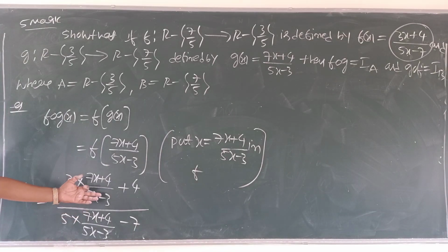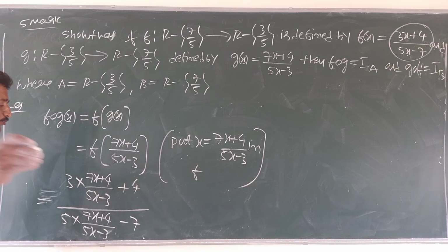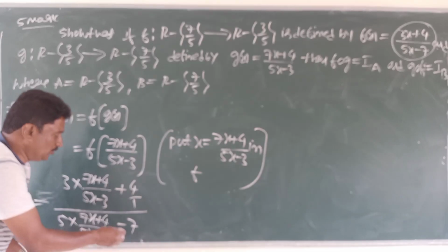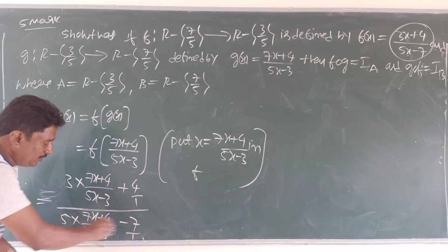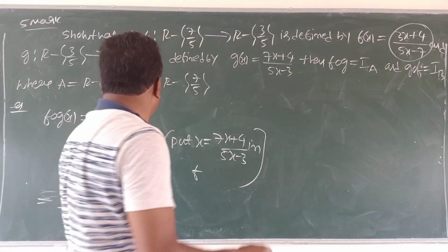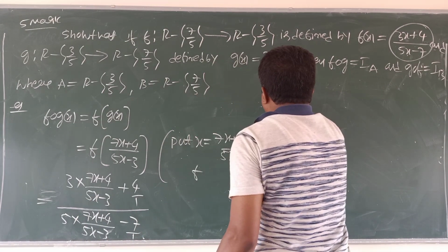Now simplification is left. You just simplify. First find out the LCM, students. Find the LCM in the numerator and also in the denominator. Look at this, students.